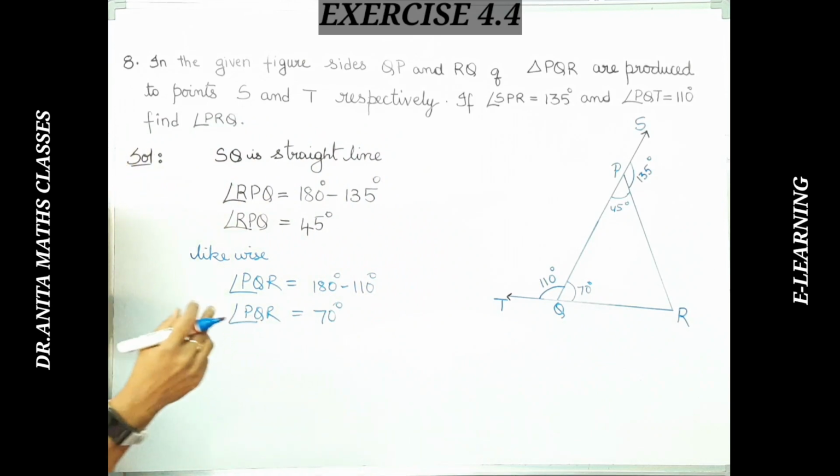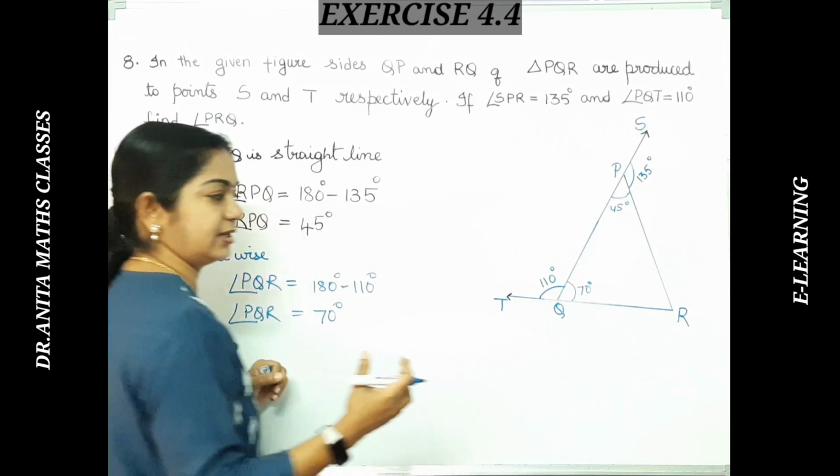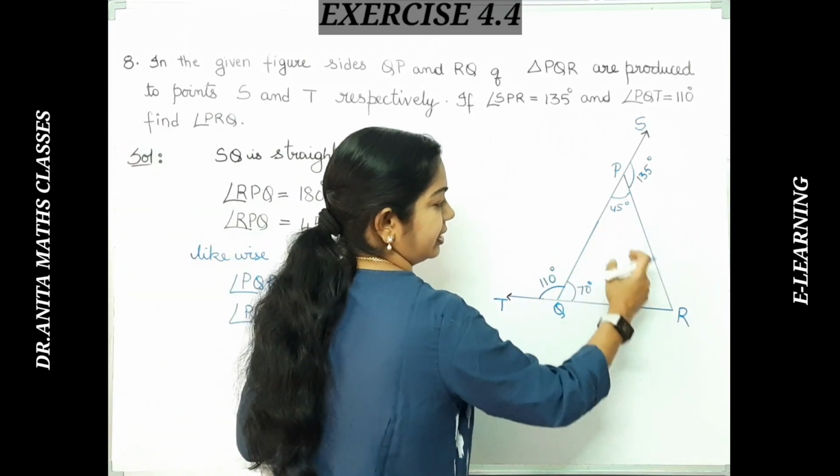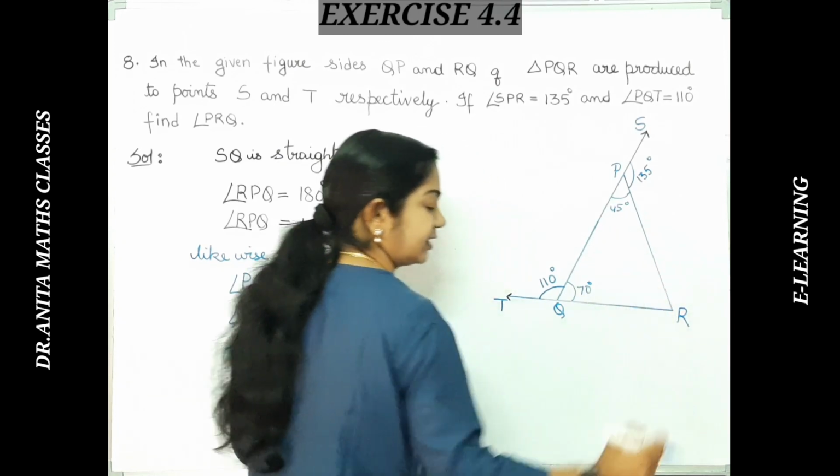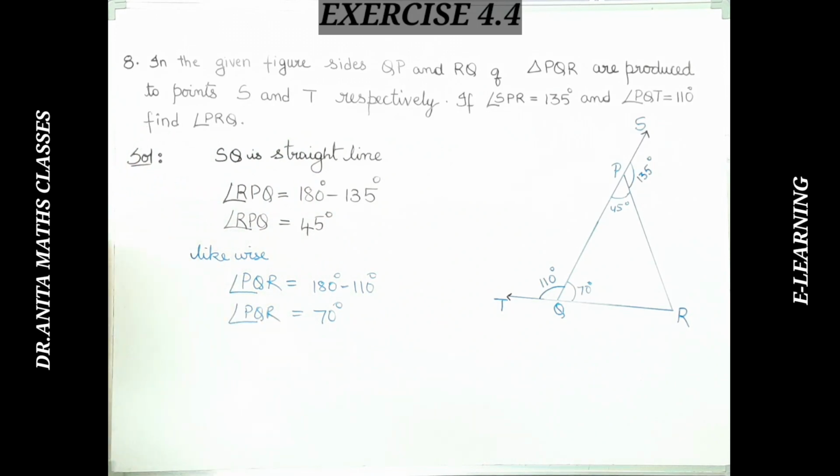The angle sum property of a triangle says the sum of all three angles is 180 degrees. We know two angles, so the third angle we can find by subtracting from 180.